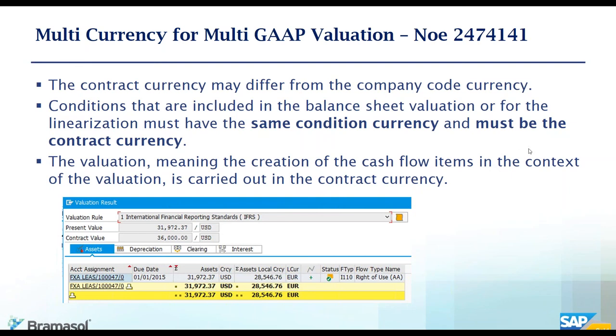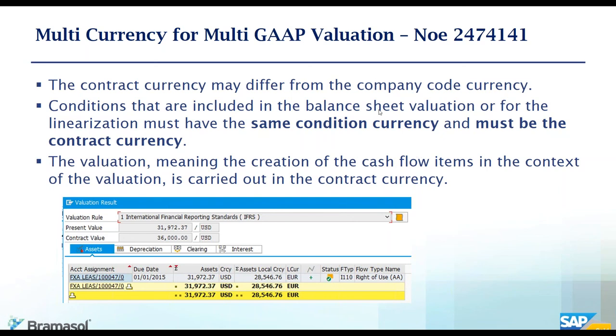So we developed our multi-currency valuation, and what it allows us to do is to take the contract currency that may be different from the group or company code currency, and then calculate all of the balance sheet valuations from that contract currency.